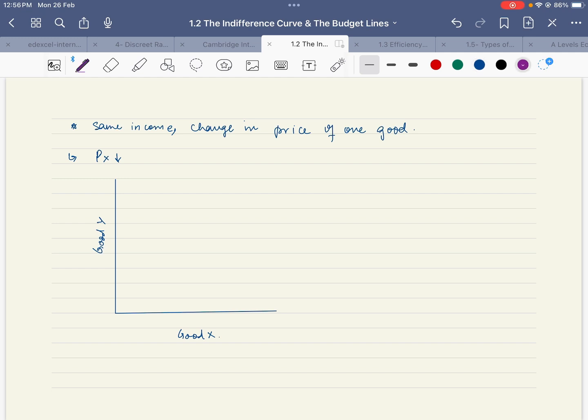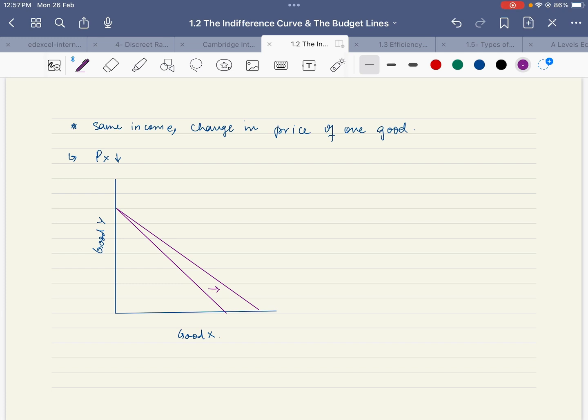It means that the consumer can purchase the same amount of good Y right now, but they will be able to purchase a greater quantity of good X. It will move outward on the x-axis because the consumer will be able to buy more of good X. Suppose the price of X falls by half.